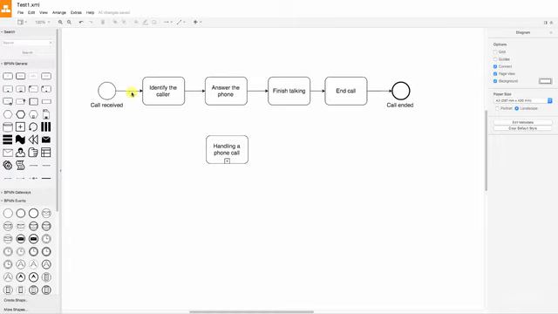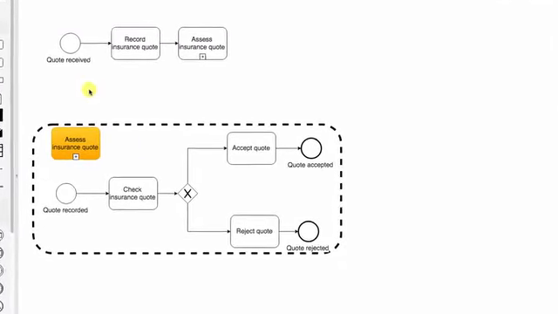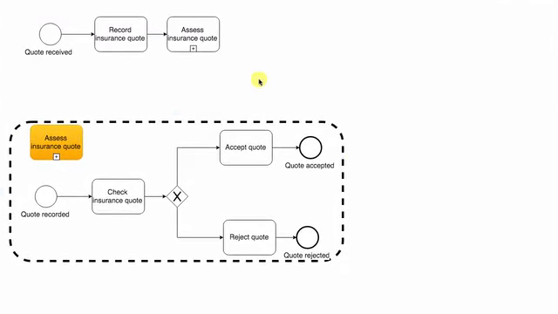But what happens when a process that you want to turn into a sub-process has several end events? Well, let's take a look at another example. Here's the example. We have a process of handling insurance quote, and in this process we used a sub-process of assessing insurance quote.